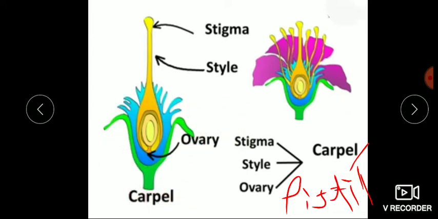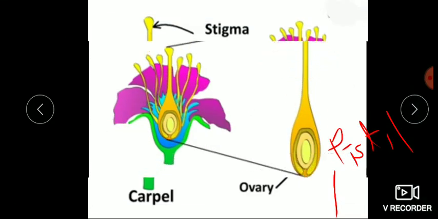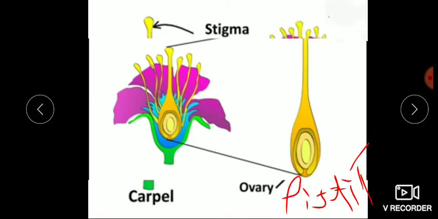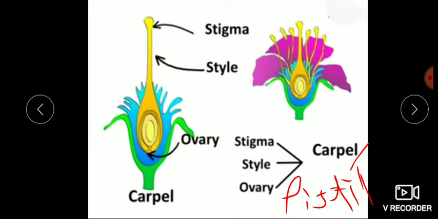It's called carpel or pistil. And the stigma receives the pollen grain, which germinates, and each pollen grain grows into a tube called the pollen tube.